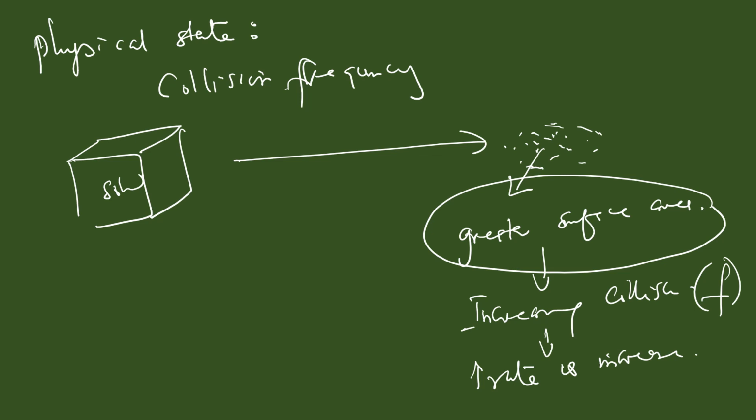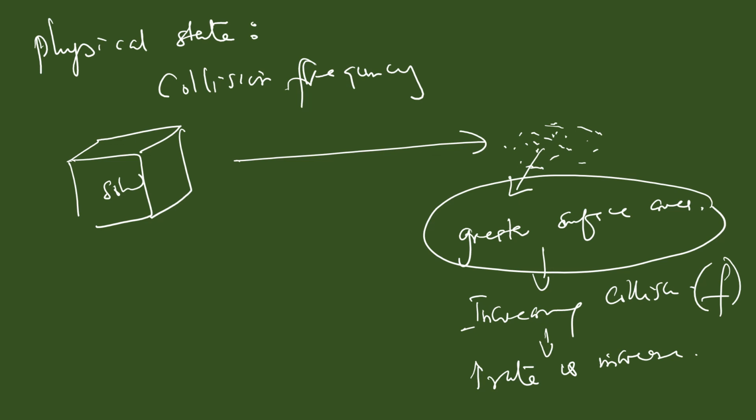So I just don't want to put too many words in your head. All I want you to note, in explaining the factors that affect rate, which I've gone through, concentration, temperature, and now physical state, is that the main word is collision frequency. If I have a solid and I break it down into fine particles or a powder, I've basically increased the surface area.